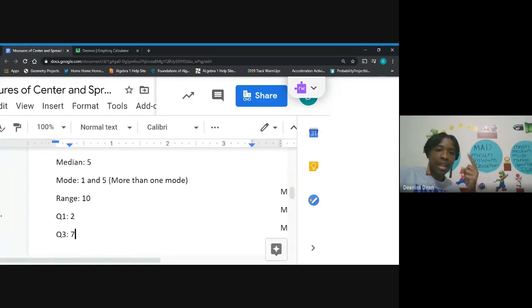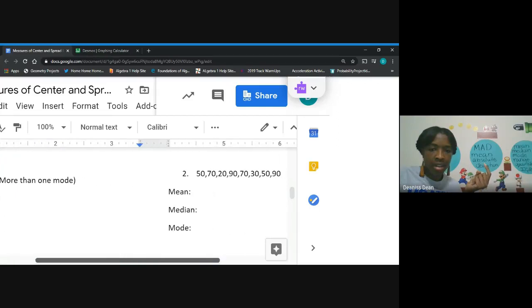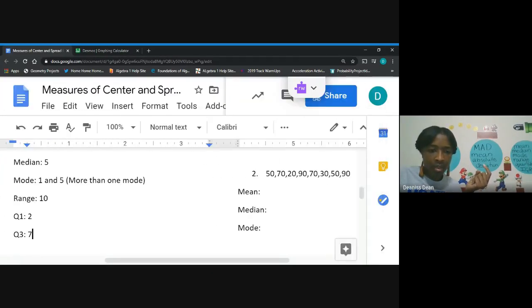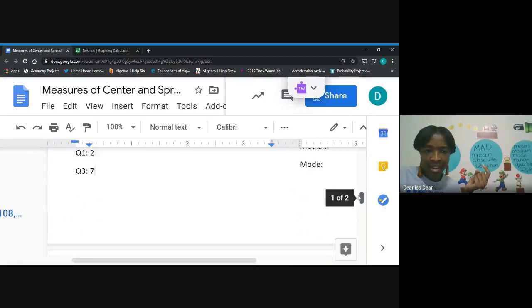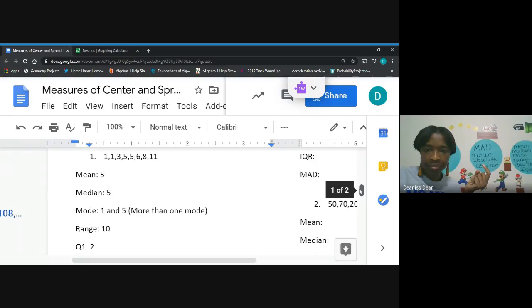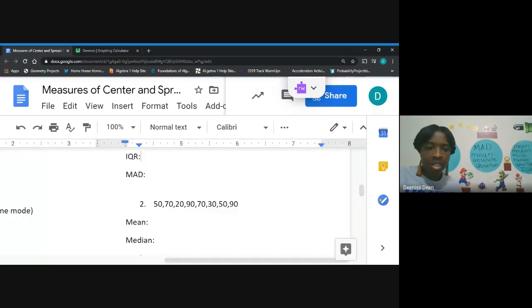All right, so we got our mean, median, mode, range, quartile 1 and 3. And then we also need to get our interquartile range and our mean absolute deviation, the MAD. So what's gonna be the interquartile range for this? Remember, you subtract Q3 minus Q1.